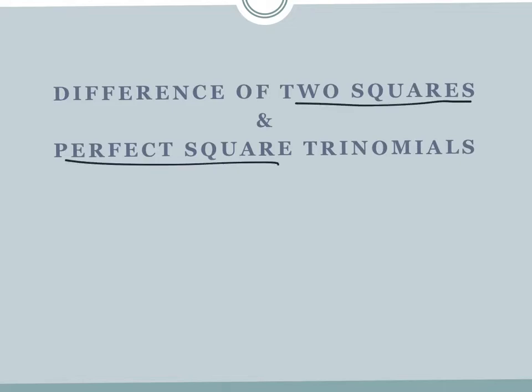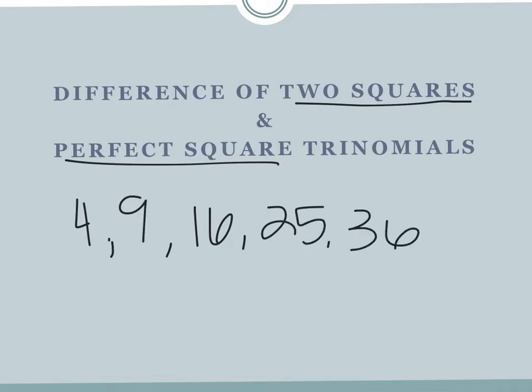So we're going to be looking for numbers like 4, 9, 16, 25, 36. The reason these are perfect squares is because when we take the square root, we get a whole number. Okay, so like the square root of 9 is 3.